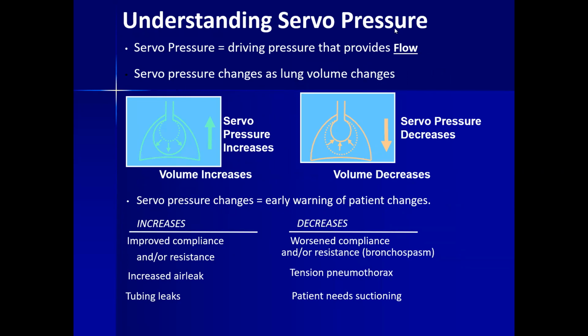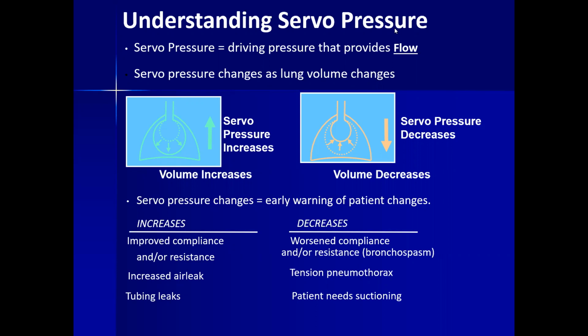One of the settings on the jet ventilator is the servo. It's not a setting. One of the monitored parameters on a jet ventilator is the servo pressure. So let me explain it.